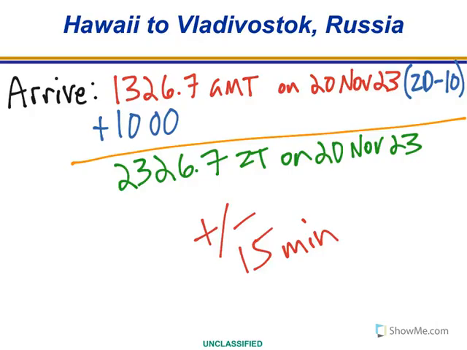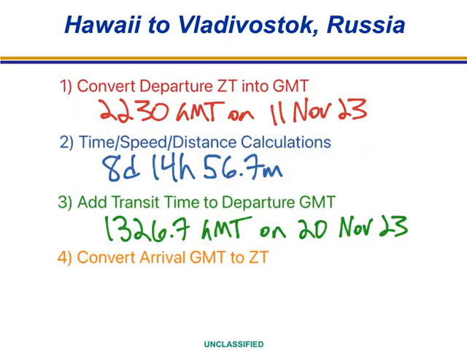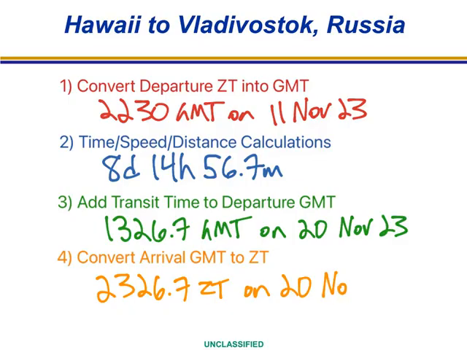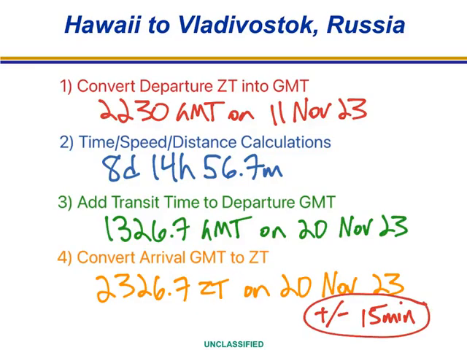If you round at every step, you might round yourself out of tolerance. And there's our final answer. So we will arrive at 23:26.7 zone time on 20 November 2023 in Vladivostok. As a reminder, our tolerance is plus or minus 15 minutes.